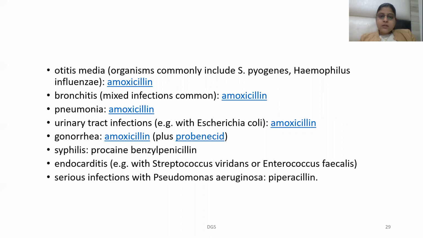For bronchitis and mixed infections, amoxicillin, the extended spectrum penicillin, is commonly given. For pneumonia and urinary tract infection with Escherichia coli, amoxicillin is effective. For gonorrhea, amoxicillin plus probenecid is given. For syphilis, procaine benzylpenicillin and benzathine penicillin are effective. For endocarditis and serious infections with Pseudomonas aeruginosa, we give piperacillin.